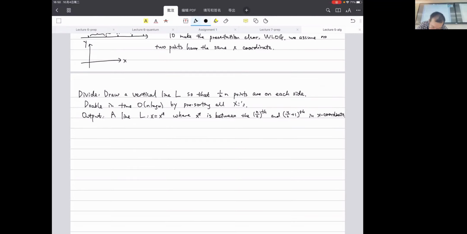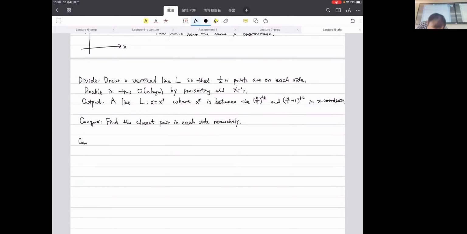So the conquer part is just recursive calls. We find the closest pair on each side recursively. And for the combine part, of course, we need a good strategy to combine the left part and the right part, with one point in each side.